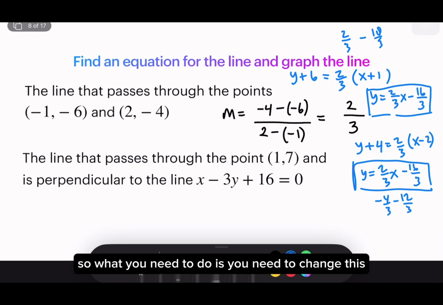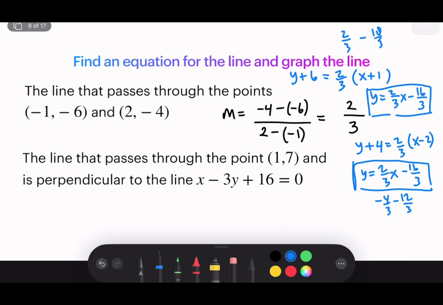So what you are going to do is you need to change this into this. Focus here. Try to change this. From here, we need to rearrange this to make it into this.